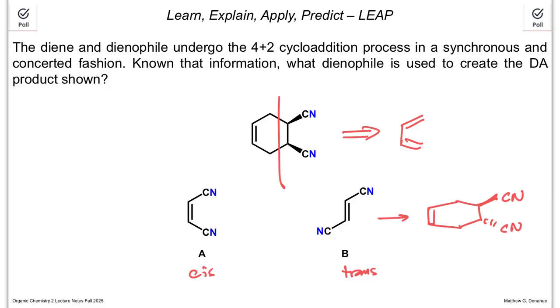Other terms that we'll want to know, although there's some finer level of decision making when using these, are syn or anti. So in the products, for example, we can call those cyano groups cis, but we could also call them syn. That means same. And then these are trans, we could call them anti. It's just a little more finesse.